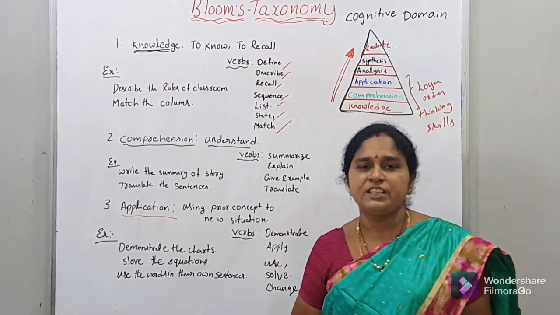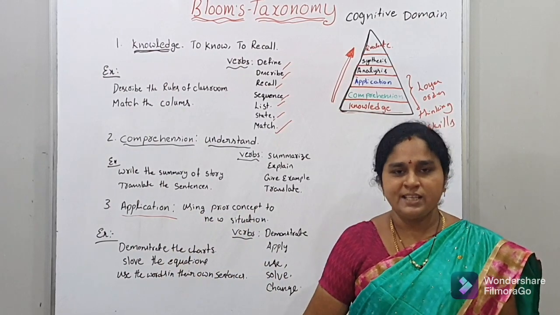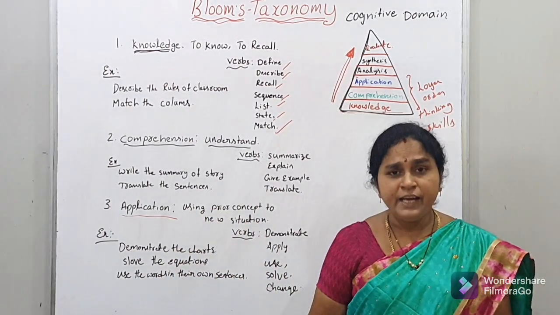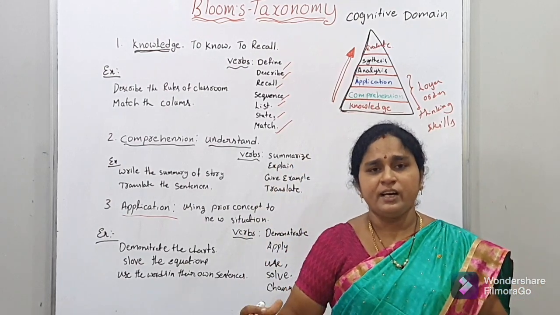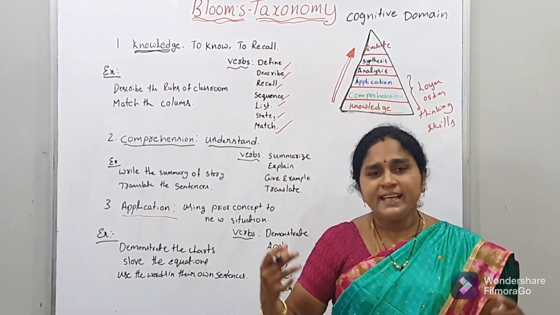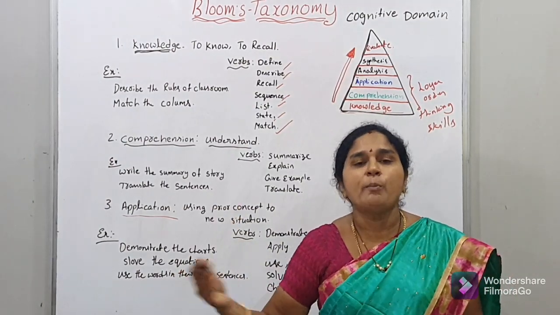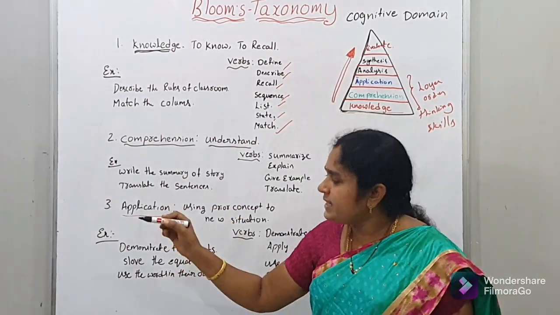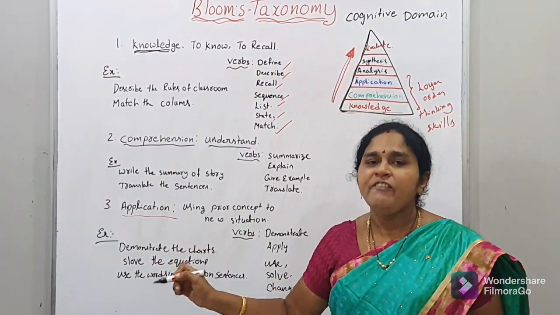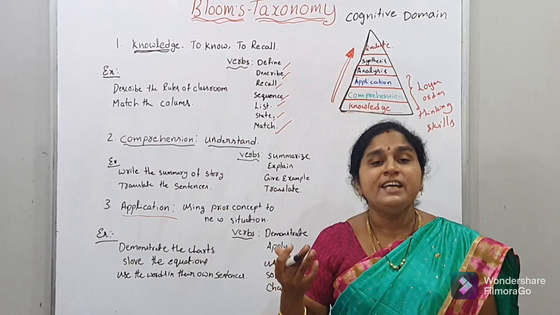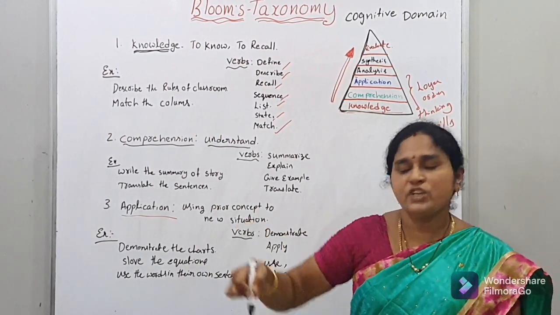You can demonstrate the model, like a Taj Mahal model or a Red Fort, or any chart, like recycling for the environment. We can give any chart or any model to demonstrate. Seeing the picture, the chart, the model, we can demonstrate each and everything. Okay, that is the application level.